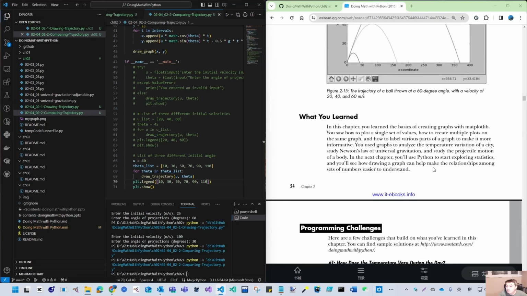Within this chapter, we learned the basics of creating a graph, how to show a single set of values, and how to create multiple plots on the same graph as we just practiced. And we customized the graph, and also used graphs to analyze temperature and some physics methods.